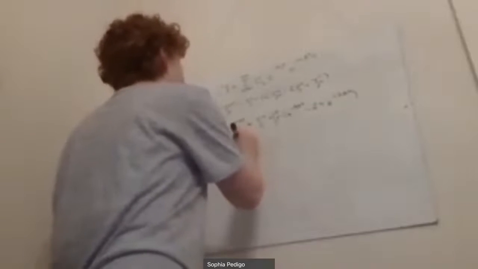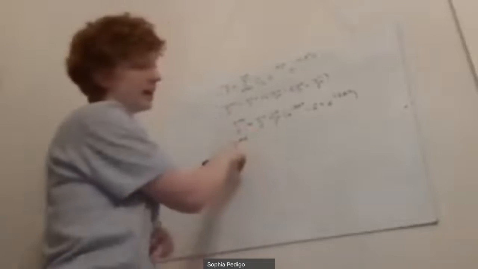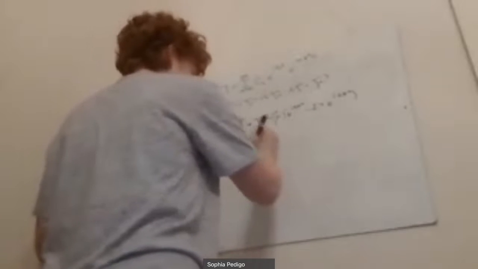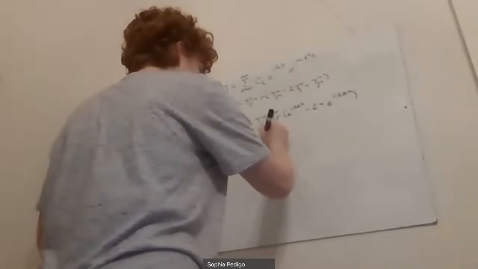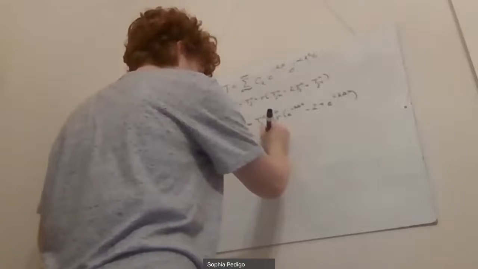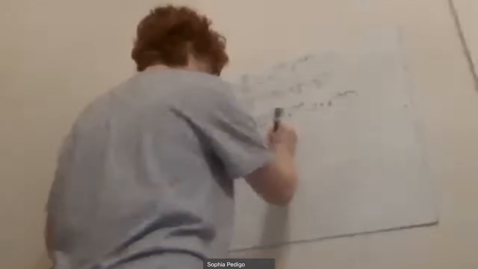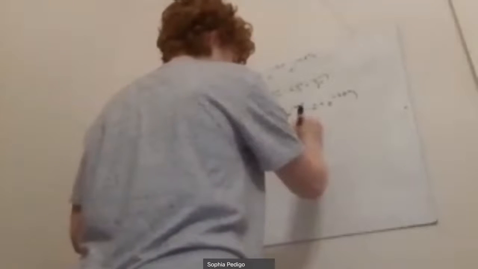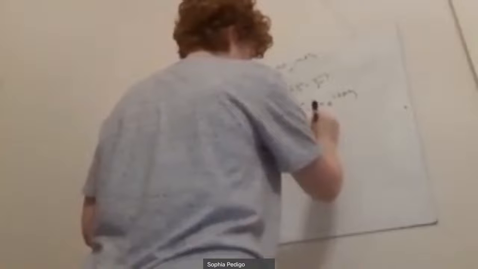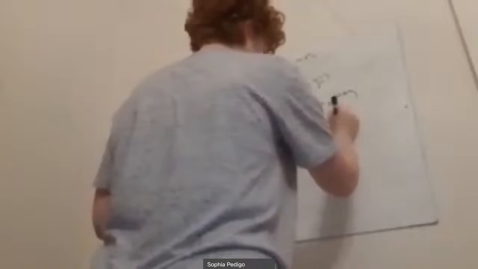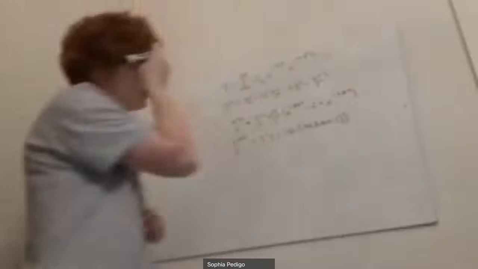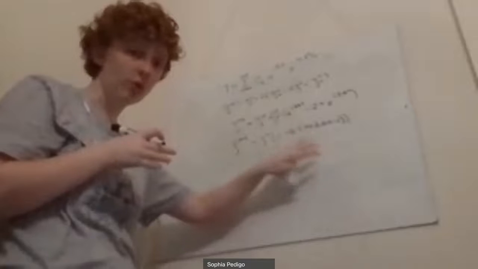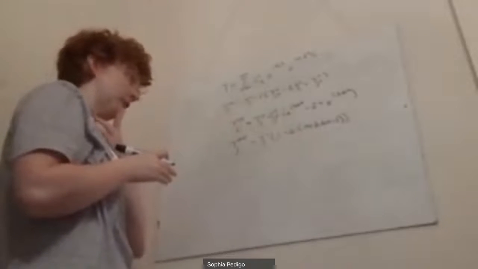When we do that, we have the temperature at some position j at some time n plus 1 is equal to this. And that is just what you get when you substitute using Euler's formula. That's what you're going to get.